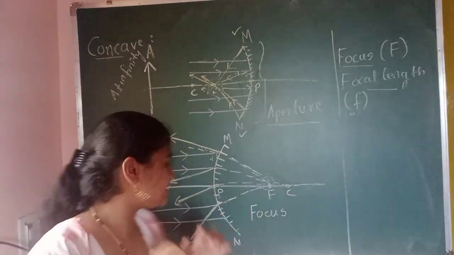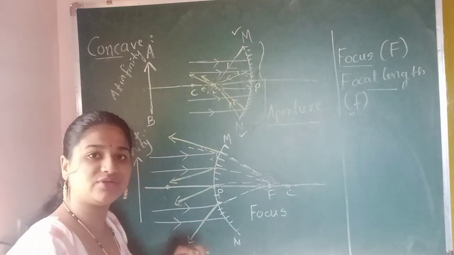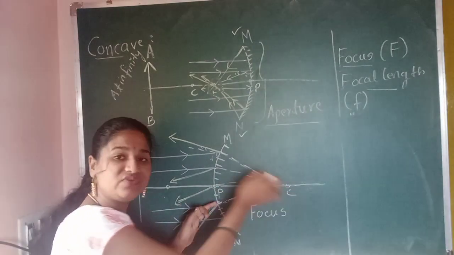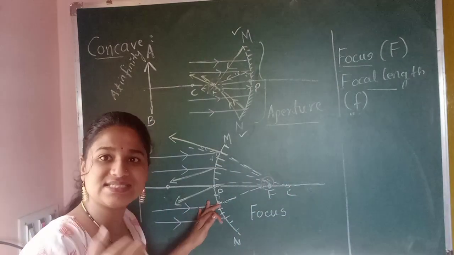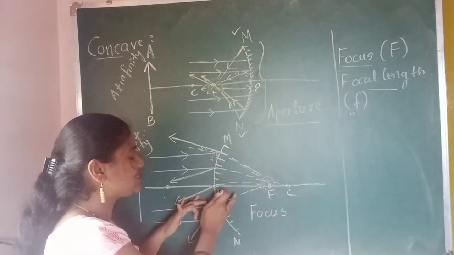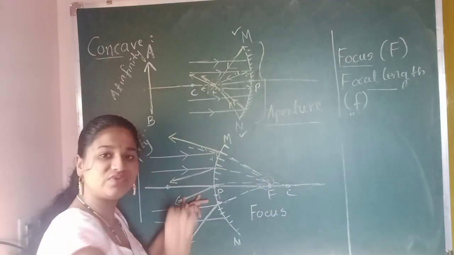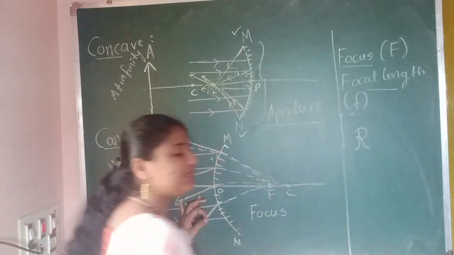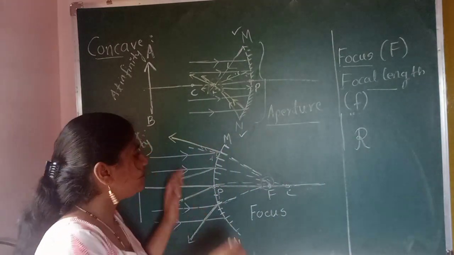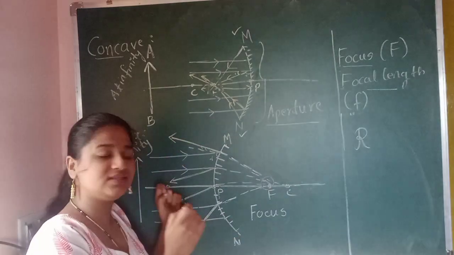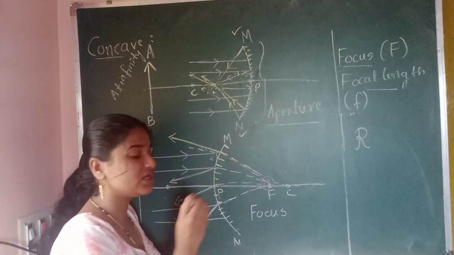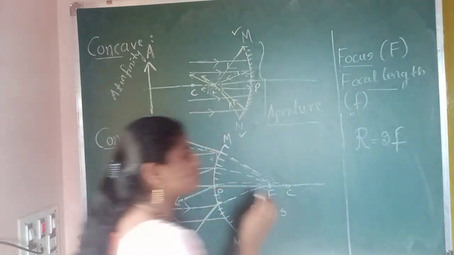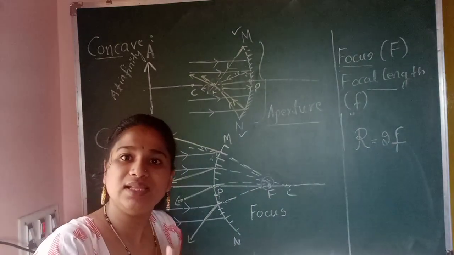so at that time we can say something about the radius of curvature. What is the radius of curvature? The distance between the pole and the center of curvature. We discussed this in the last class, right? It is denoted by capital letter R. So when the aperture is very small, the radius of curvature is found to be twice the focal length, that is, 2 times the focal length.